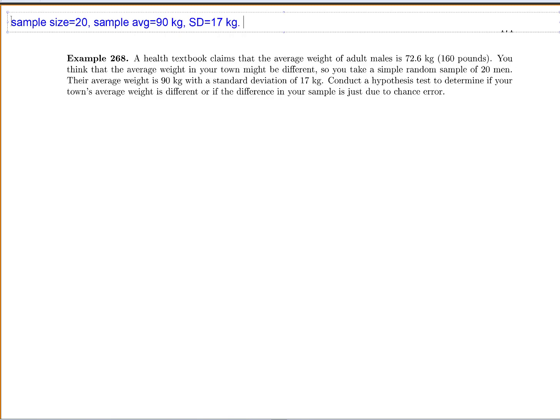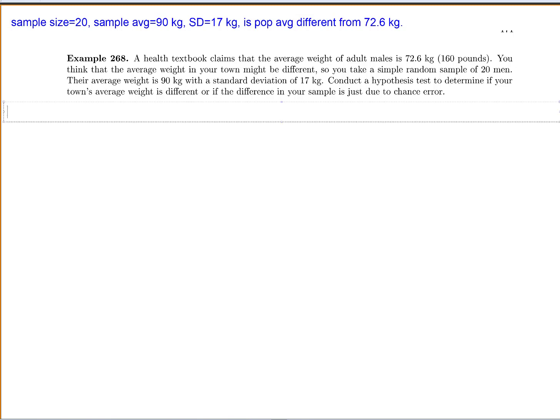So the question we want to know is whether the population average is different from 72.6 kilograms. Okay, first step in doing a hypothesis test is to come up with your hypotheses, your null and alternative.